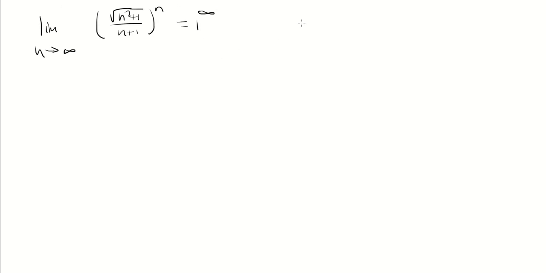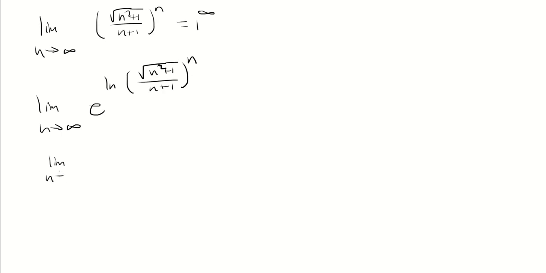And in order to solve this, I'm going to rewrite this as e to the natural log of the square root of n squared plus 1 over n plus 1, raised to the nth power, and we're going to let n approach infinity. So now we can take advantage of the log property to bring down the exponent.